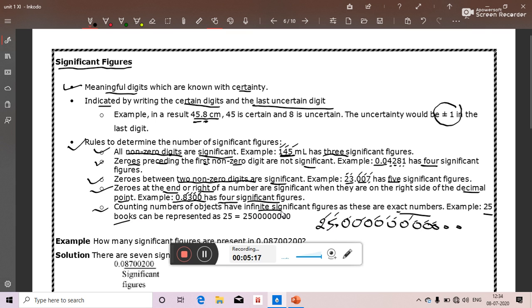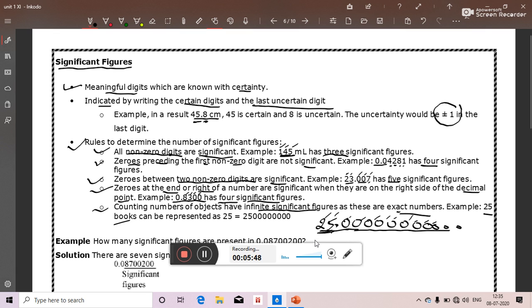So if 25 is there, and some student writes the answer 2 significant figures, it is correct. If some student writes 3, 4, or infinite significant figures, that is also correct. But if some student writes 1 significant figure, then it is wrong, because minimum the two digits 2 and 5 have to be counted.